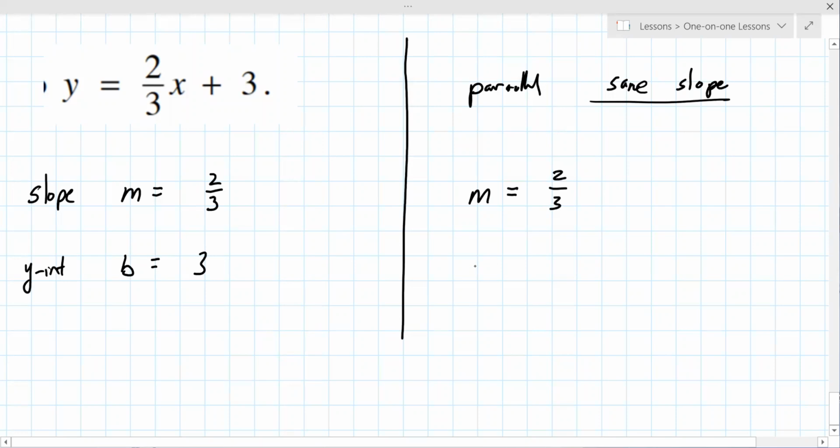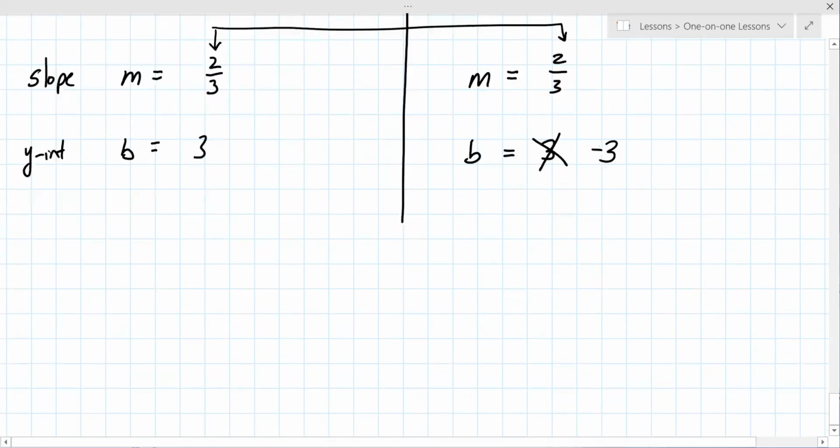Okay. Now, if I give you the same b value, they're the same line. Do you see that? They would be the same slope, same b value. So it can't be 3. Give me another number besides 3. Negative 3. Great, good choice. So if they have the same slope, they have to have different b values to be parallel. Okay, but this is what makes them parallel.